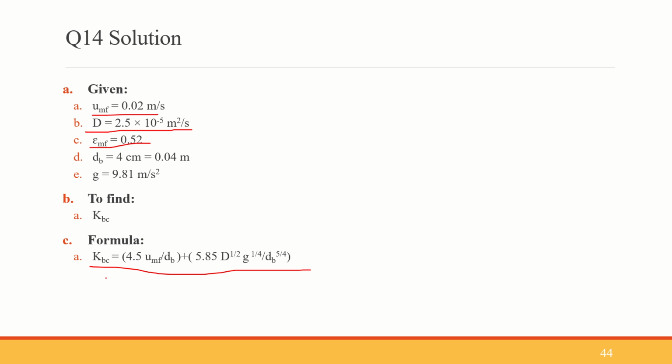So important thing to be noted over here is we need to remember the formula because there are too many parameters in the formula and too many coefficients to remember.